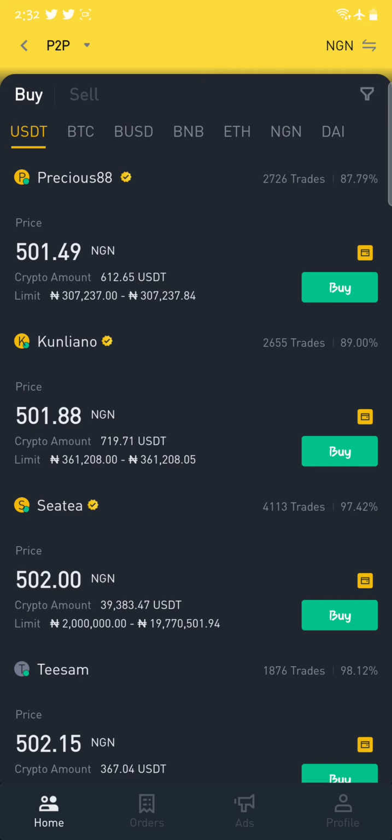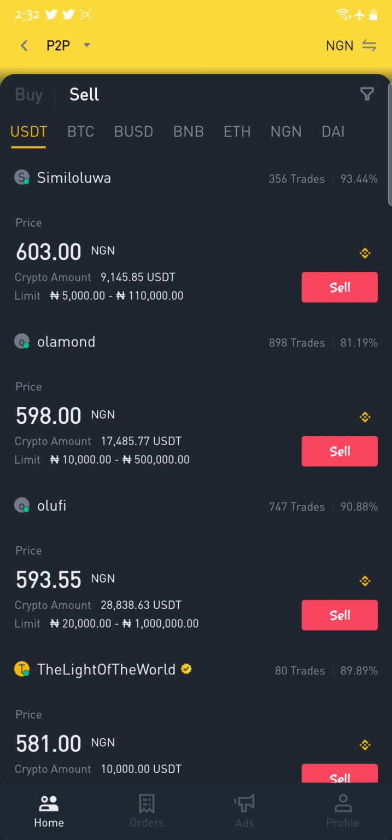Number one is the payment method. This payment method shows you how you would be paid, if you want to sell crypto, or how you would pay the person you are buying from. For example, let's say I go to sell and I want to sell USDT. As you can see, the payment method here is different.